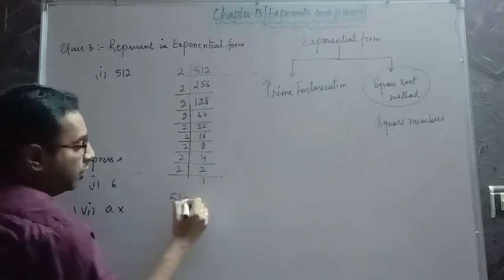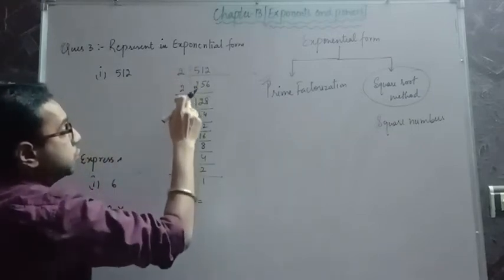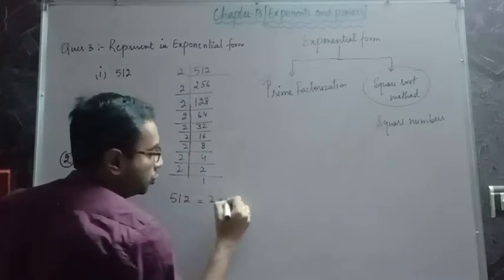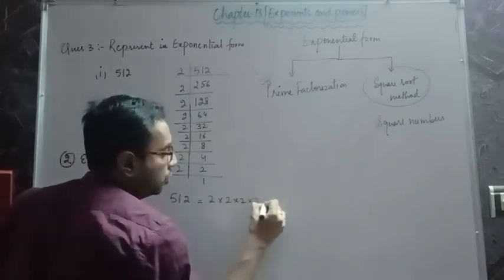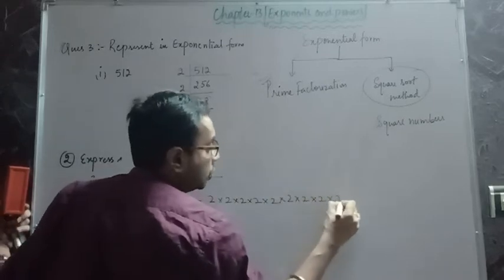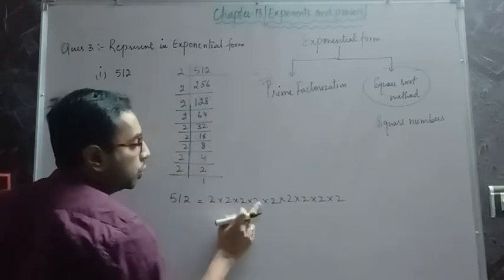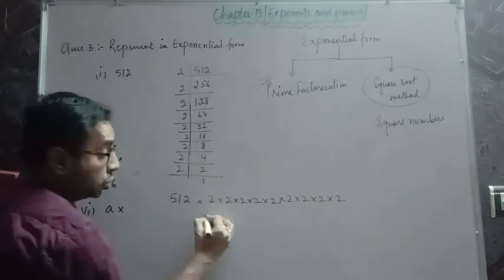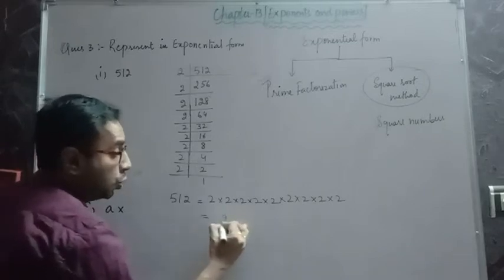I can write 512 as 1 2 3 4 5 6 7 8 9, 2 into 2 into 2 into 2 into 2 into 2 into 2 into 2 into 2. That is 9 times. So 2 is represented how many times? 2 raised to power 9.